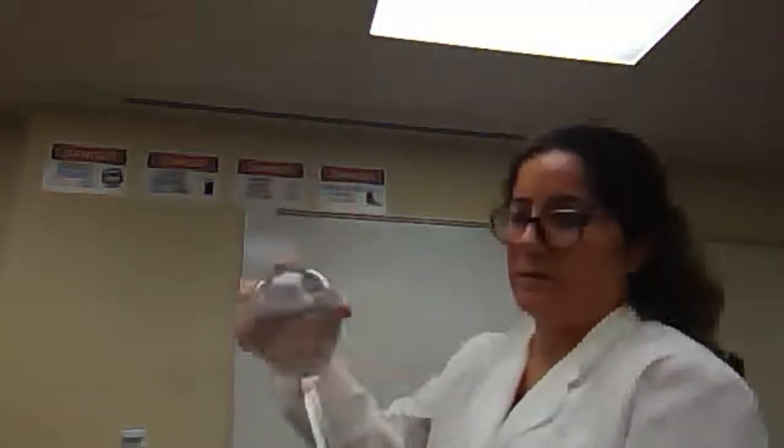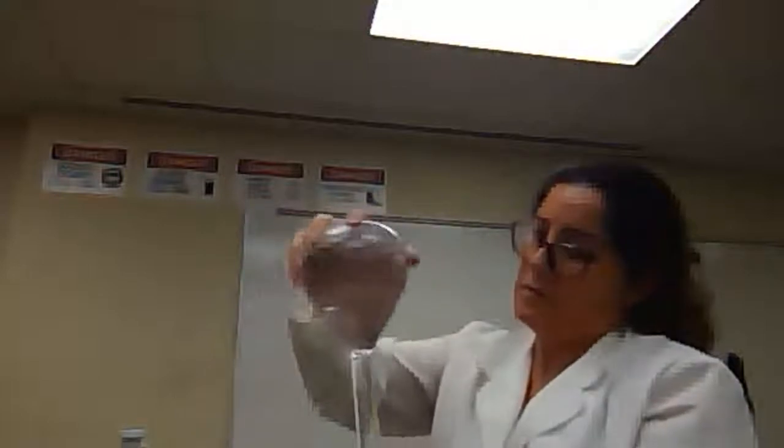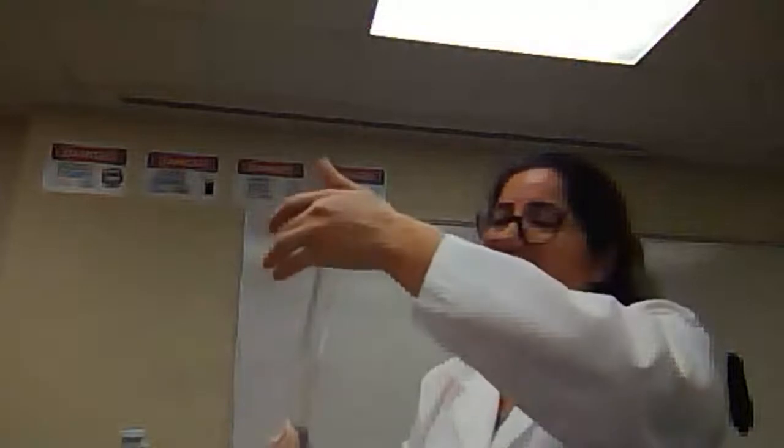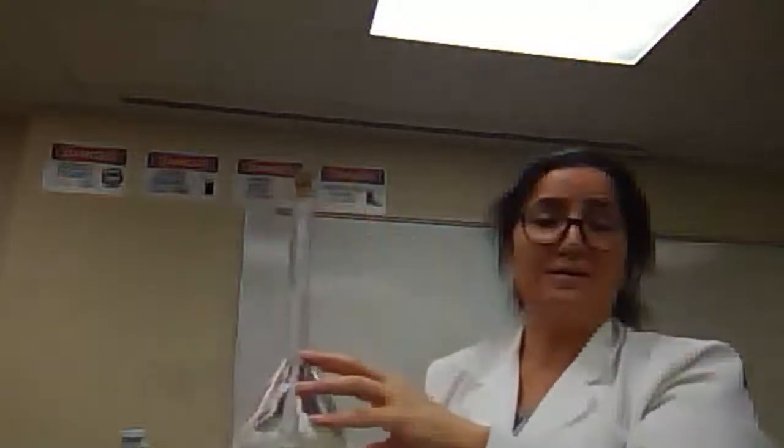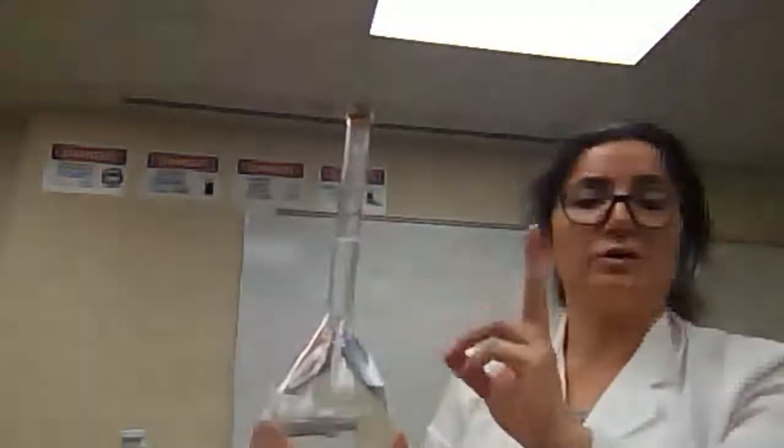Then we just mix it well a few times to make sure that the solution is uniform, because that's the definition of a solution. A solution is a homogeneous and uniform mixture of two or more substances.